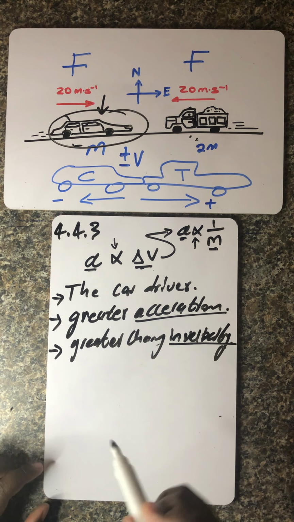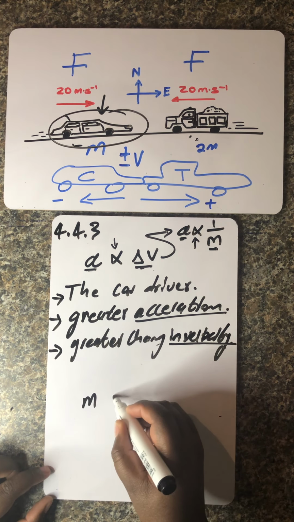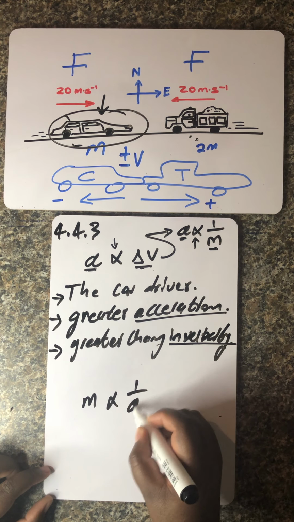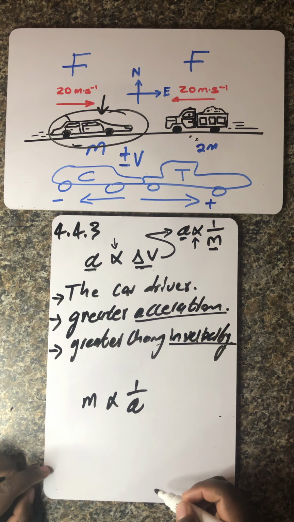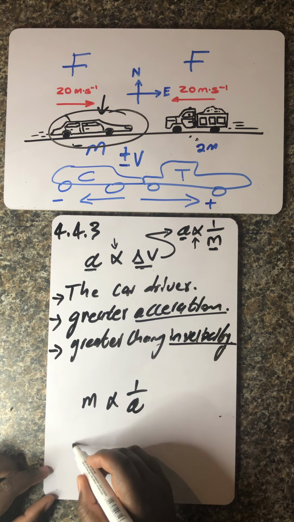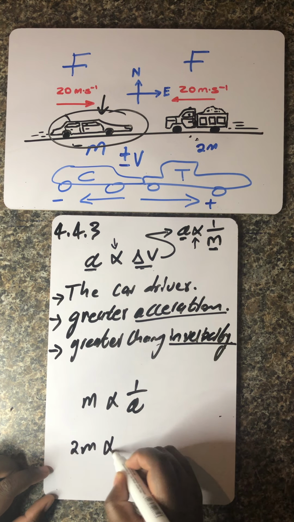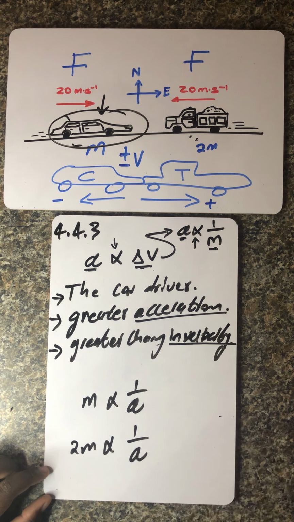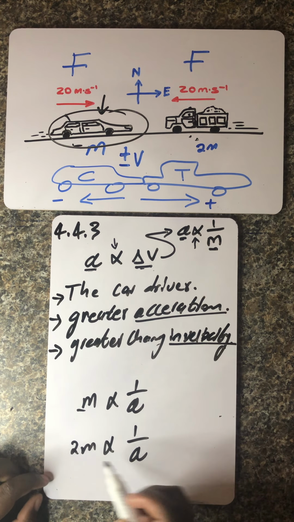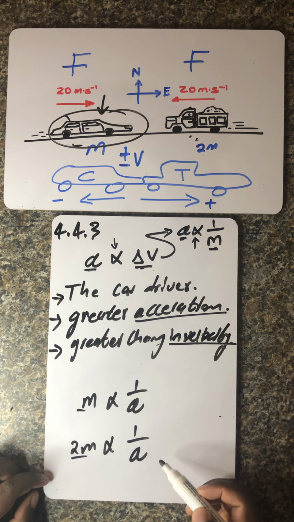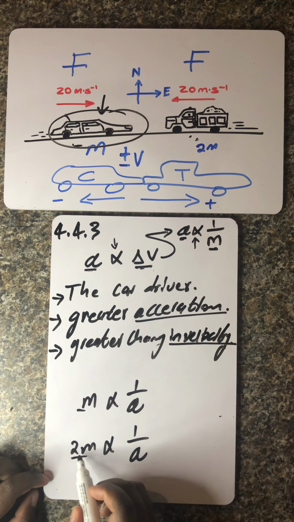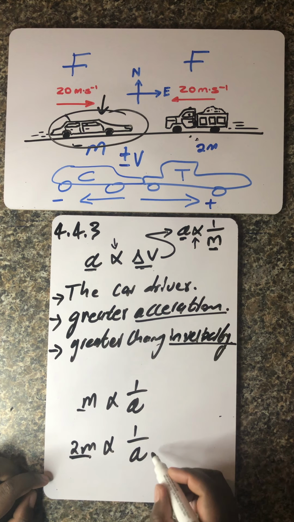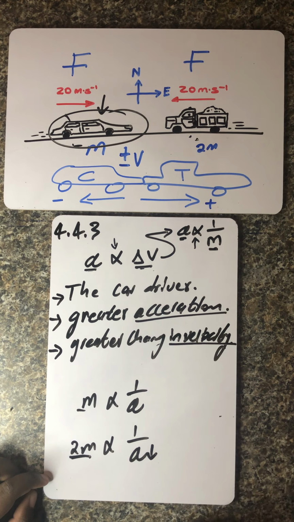Okay, remember guys, if m is inversely proportional to the acceleration, so obviously this is 1m, this is 2m. So now you've got 2m, it makes it less acceleration.